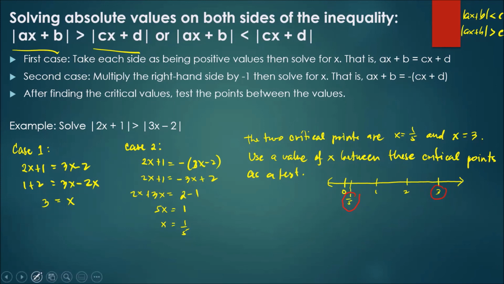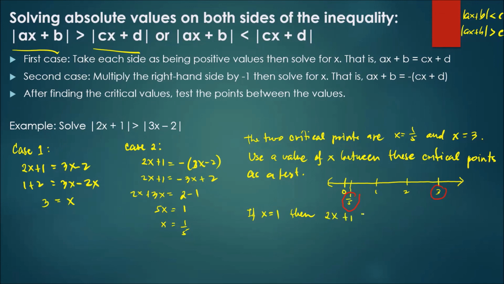Meaning we can choose 1 or 2, right? So let's choose 1 so that it will be way easier. So if x is equal to 1, then let us test x here.